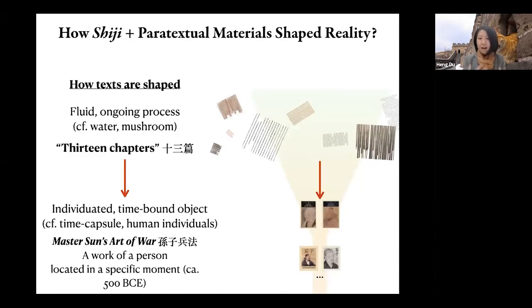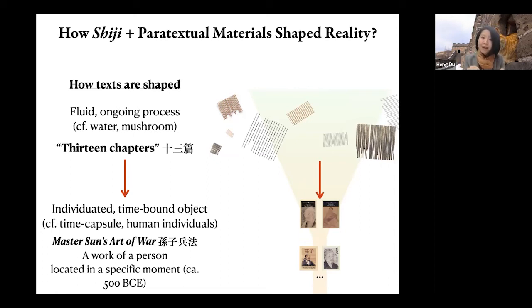In fact, I would argue that they are trying to transform this more vague 13 chapters, more like an anonymous text that's just been floating around, into something more like an individuated, time-bound object by associating it with a figure that allegedly lived around 500 BCE, right?